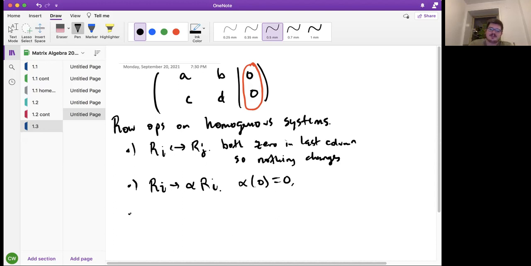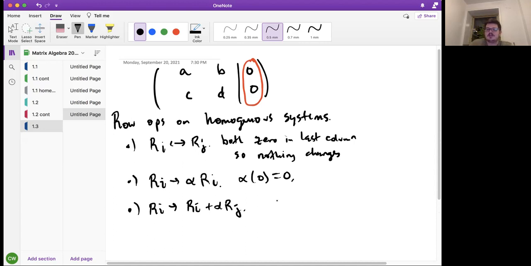Nothing. And the last one: the ith row in that column is 0, and plus alpha times the jth row in that column, which is also 0, so it's 0. So nothing changes.